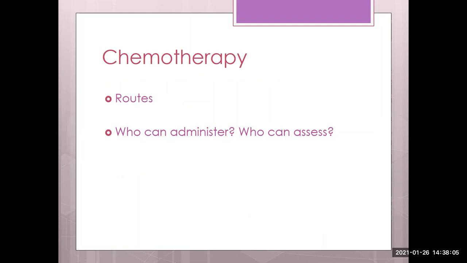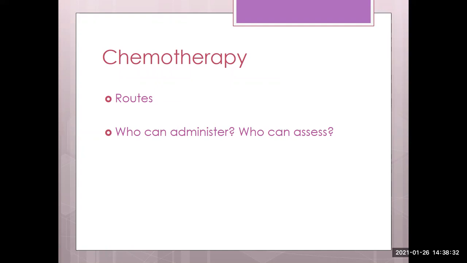So, chemotherapy. With chemotherapy, the medication is given which helps to destroy the cancer. Chemo can be given a variety of different routes, and how it's given can sometimes affect some of the side effects that we might see.